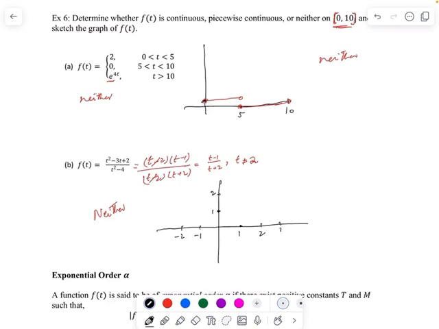Okay. So we have a vertical asymptote at negative 2. We have a horizontal asymptote at 1. Okay. What about the x-intercept? Well, the x-intercept is at t equal to 1. The y-intercept will be negative 1/2.